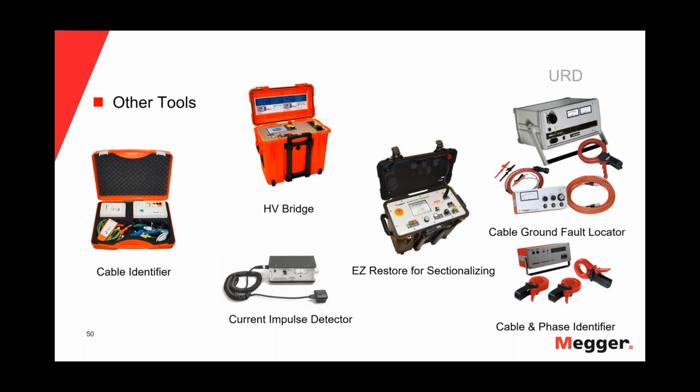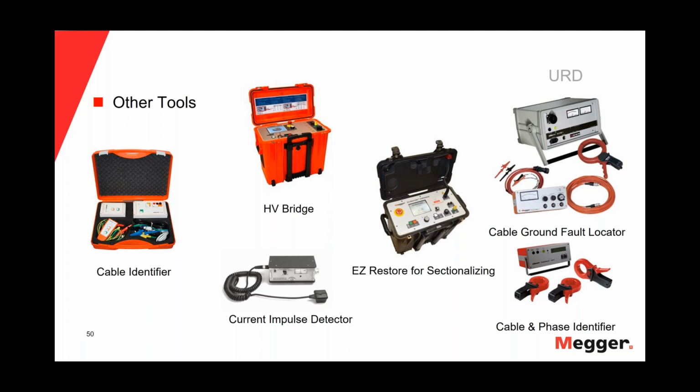Another somewhat common tool would be a high voltage bridge. With the high voltage bridge, there's a technique where you can use a bridge technique if you have multiple phases, and you can do a prelocation with this. It has its place. It will find some types of faults, give you distance to some types of faults that you can't find with arc reflection. It can also be used for sheath fault locating.